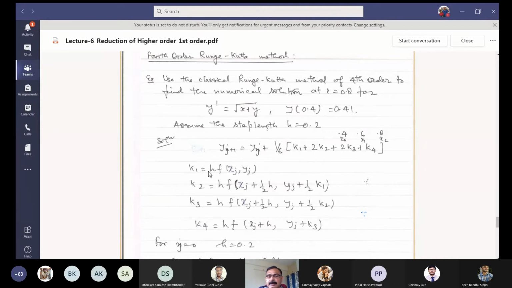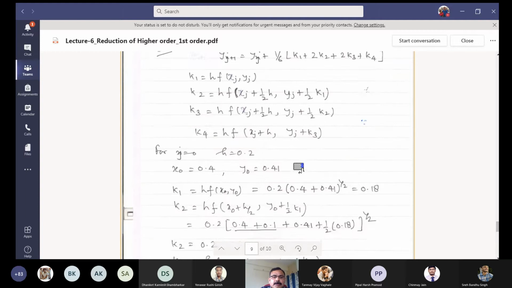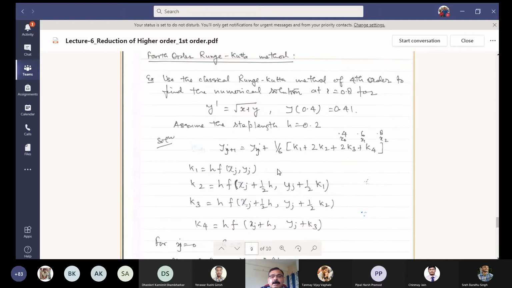If you take j equal to 0, then y1 equals y0 plus, where the ki's are calculated at the point x0. K1 will be h into f of x0, y0. Next, K2 will be h into f of x0 plus h by 2, y0 plus k1 by 2, and like that. Is that clear?